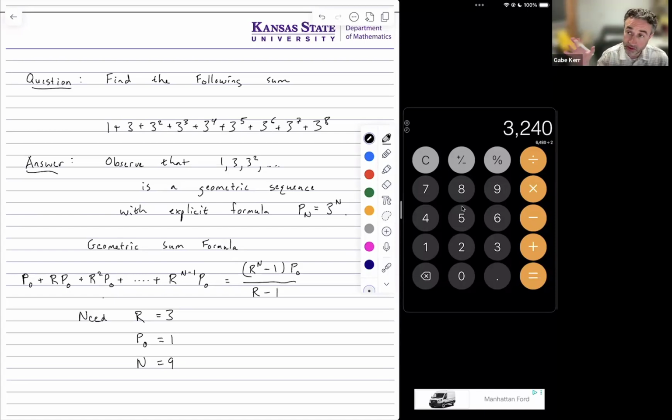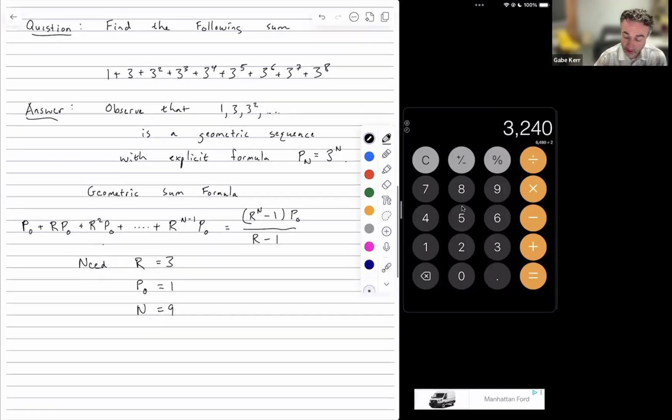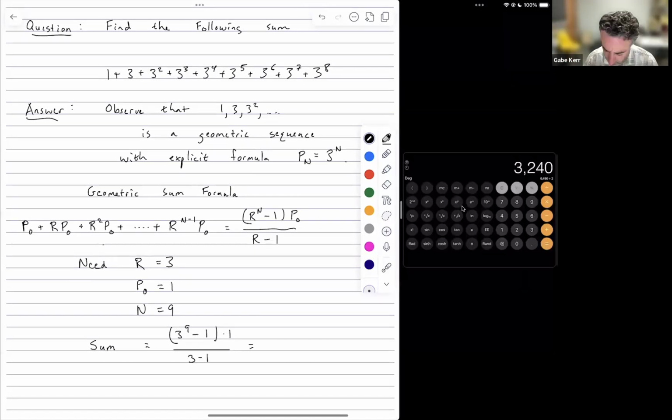Now that we have all of those particular terms that we need for our formula, we go ahead and put them in. So the sum is equal to 3 to the 9th minus 1, times 1, all over 3 minus 1.